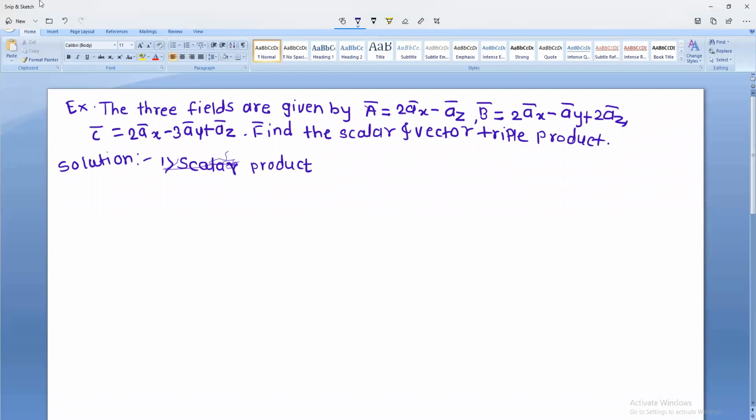So what is the formula for scalar product? So it is A bar dot B bar cross C bar.